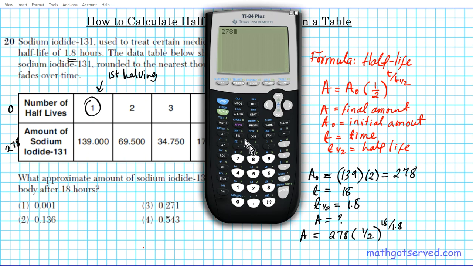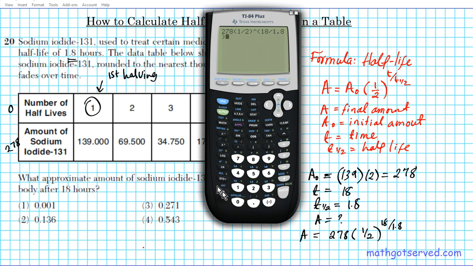We have 278 times 1 divided by 2. Put that 1/2 in the brackets. This is the base of an exponent. What is the exponent? The exponent is a quotient, so encapsulate that in its own parentheses, 18 divided by 1.8, so that there are no grouping errors in the calculator.